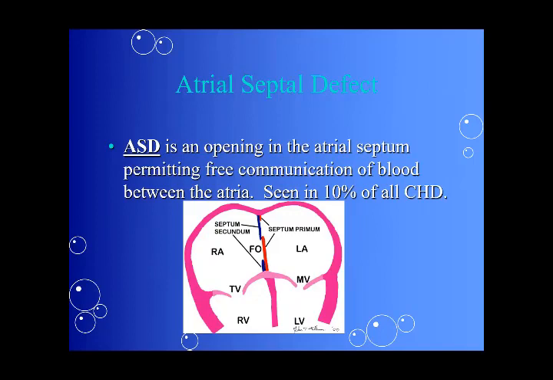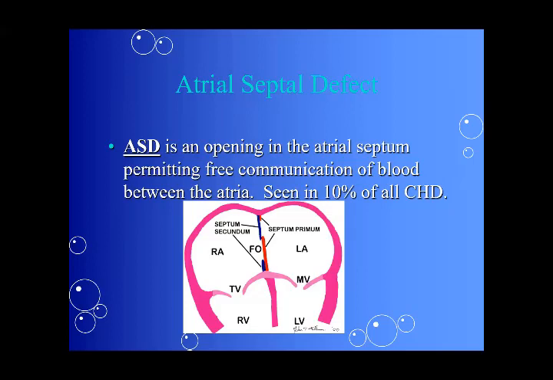If you remember from your embryology, during the formation of the right and the left atrium, they actually develop as a single chamber, and after that two septums separate them. One is called the septum primum, and the second is called the septum secundum.